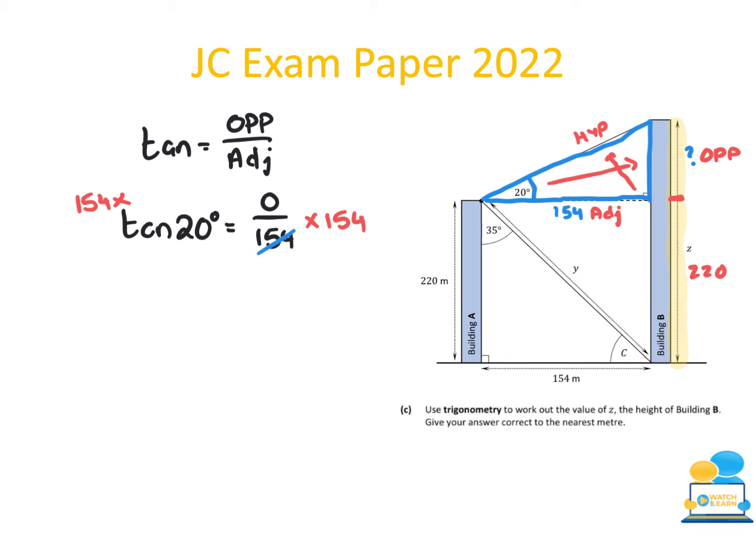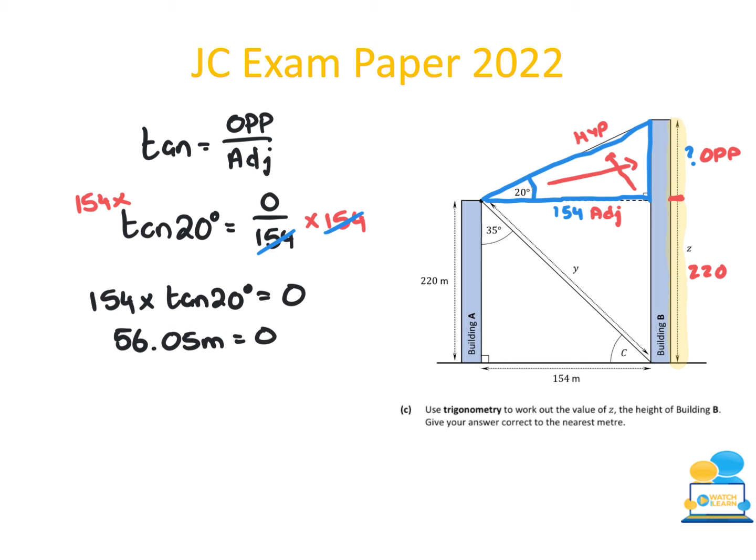That will cancel out 154 on the right-hand side, leaving me with 154 times tan of 20 degrees equals my opposite side. So popping my left-hand side into my calculator, 154 times tan of 20 gives me 56.05 metres is the length of my opposite side here.